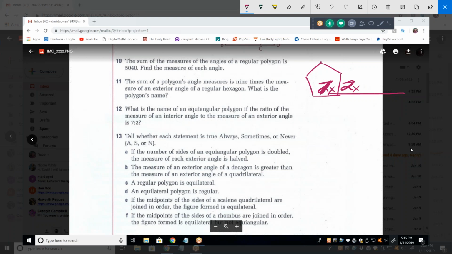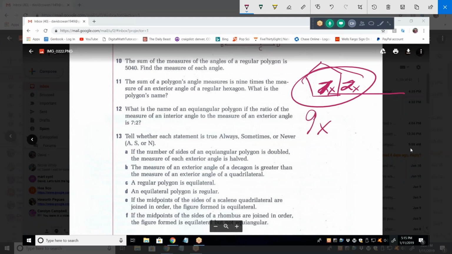Can we solve for x? Yes. How? I just put a variable. No, we can solve it directly from that. What's the sum of those two angles equal to? 9x.